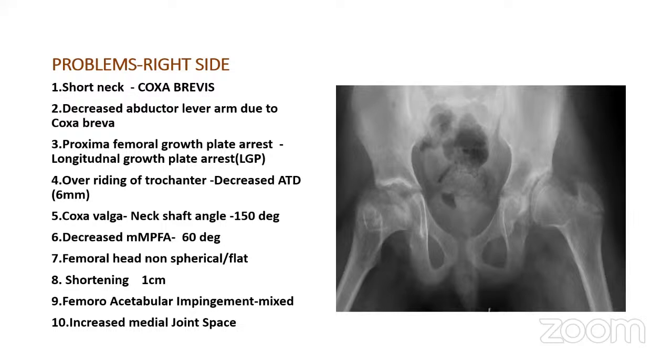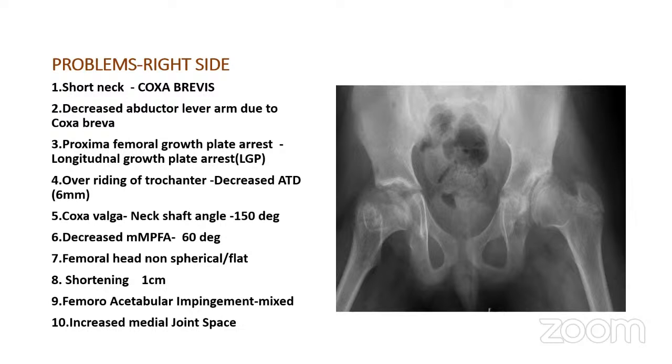The problems I found on the right side: there's a shortening of the neck, coxa brevis, and so there will be a decreased abductor lever arm due to the coxa brevis. There is proximal femoral growth plate arrest, longitudinal growth plate arrest, probably secondary to physeal arrest laterally, and there is an overriding of the trochanter and a decreased articulotrochanteric distance.